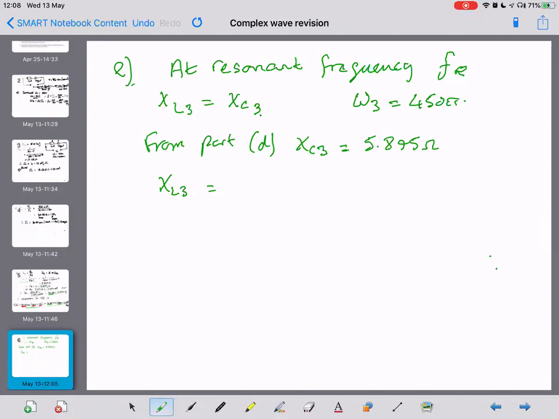What's the formula for XL? It's 2 pi FL. Yeah, or omega, because omega is 2 pi F. So it's omega 3 times L. So it's 450 pi times 4.17 times 10 to the minus 3.